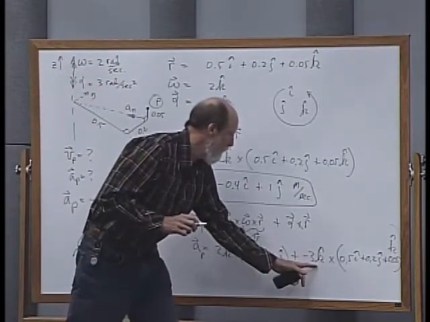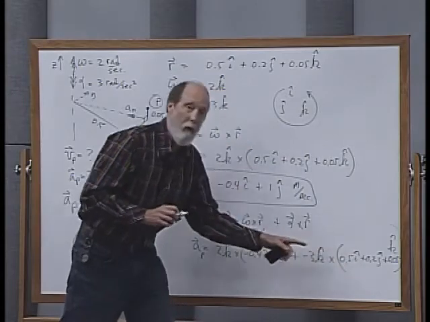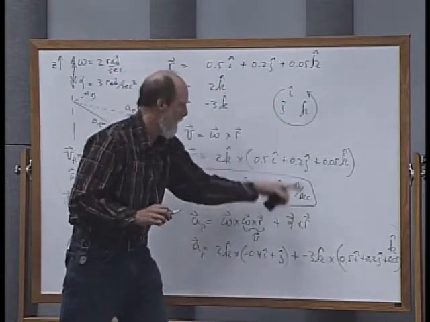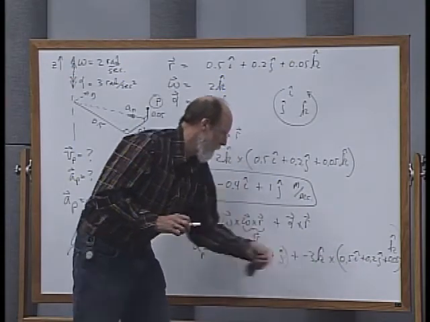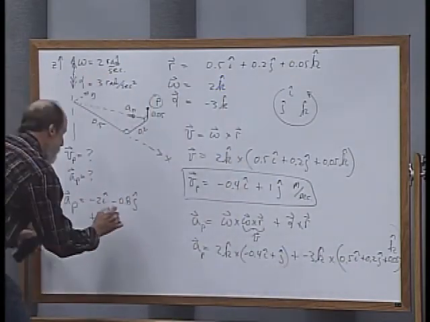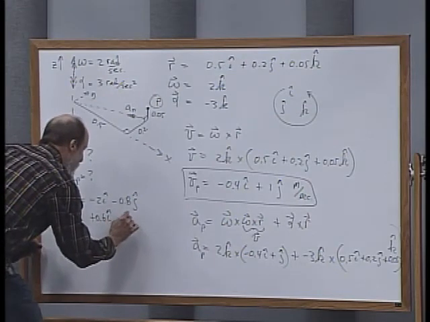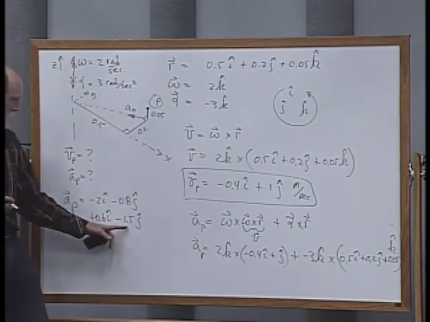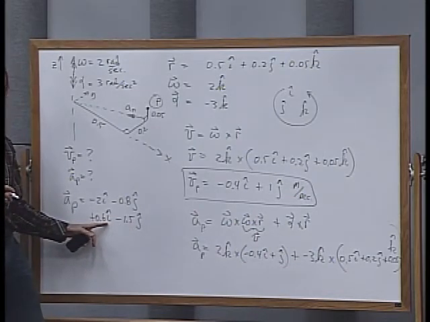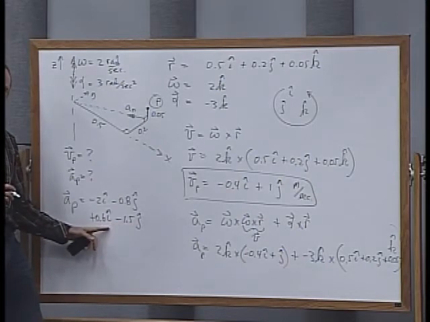And then we're going to do K cross I, which is in the correct order of the rotation. That's going to be our j term. It's going to be half of 3, so minus 1.5. And this term is our tangential term, isn't it? The alpha cross r we just did.